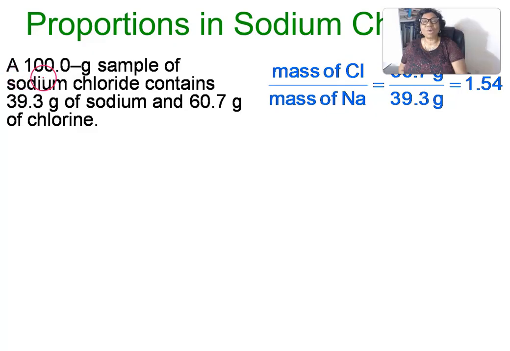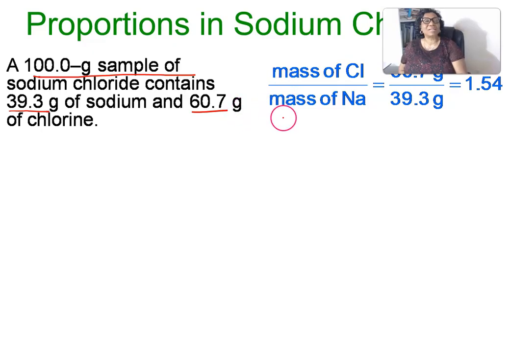If we have 100 grams of sodium chloride, we expect it to contain 39.3 grams of sodium and 60.7 grams of chlorine.